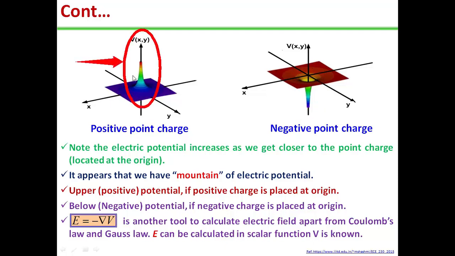Electric potential is in the positive half, that means the upper half, if the positive charge is placed at the origin, and below, that means negative potential, if the negative charge is placed at the origin. So here it is proved that E is equal to minus del V, that is the relation between electric field and potential, is another tool to calculate the electric field apart from Coulomb's law and Gauss's law.